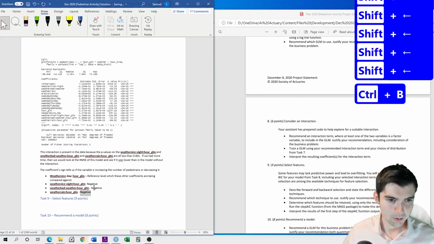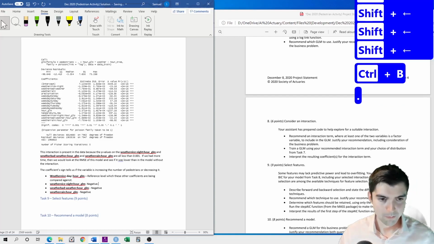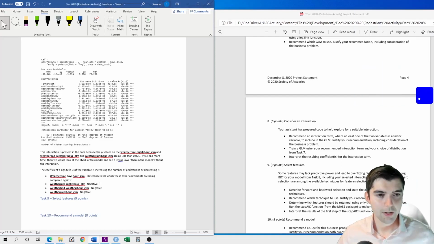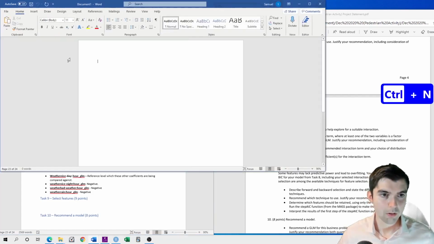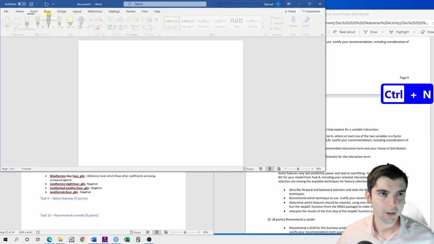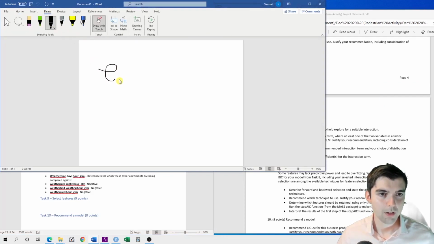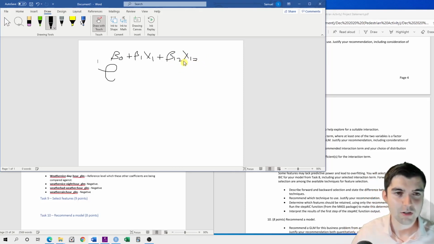So, let me just sort of doodle here. We have something like e to the beta 0 plus beta 1 x1, and then we have the interaction term beta 12 x12, which is the interaction term.